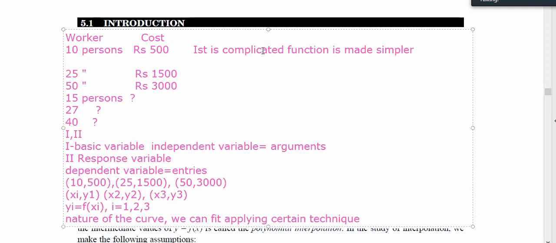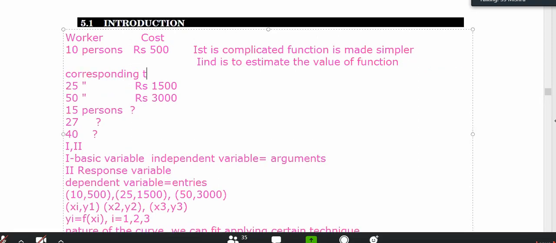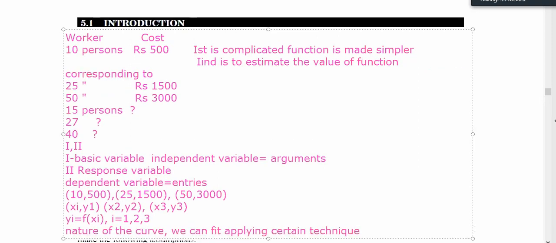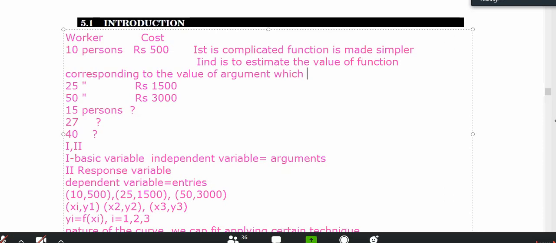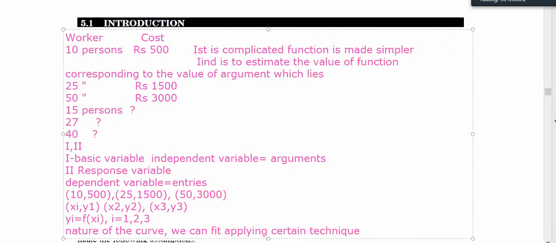Second is the value of the function corresponding to the value of the argument which lies inside the range.